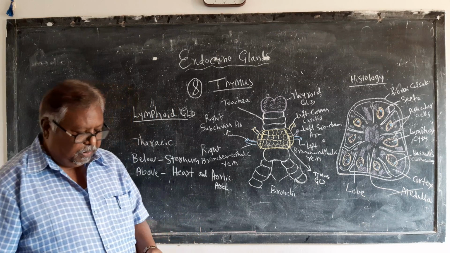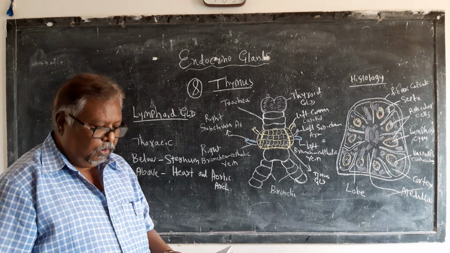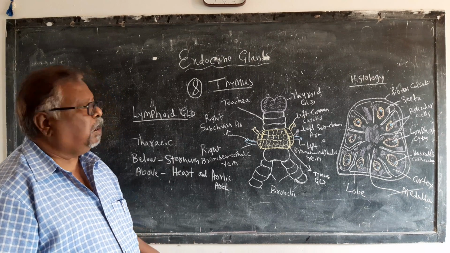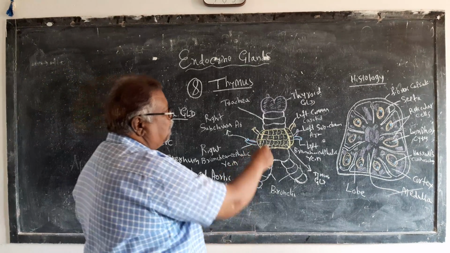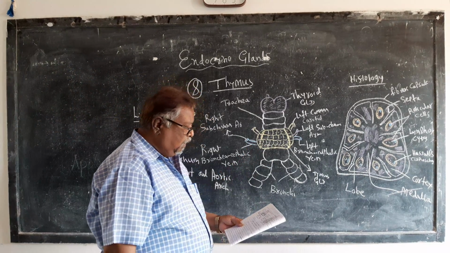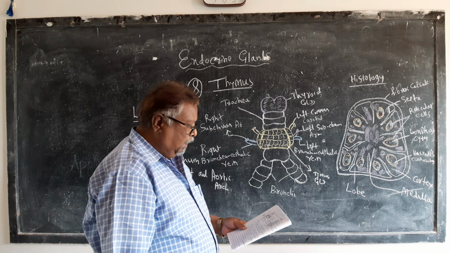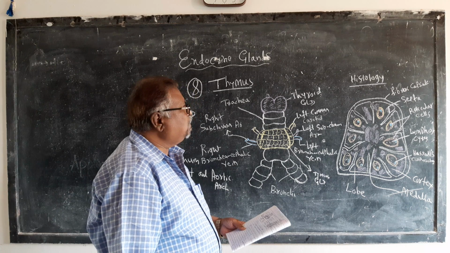Second point, the thymus is covered by a fibrous capsule from which a number of septa arise. So coming to the histology, when we take the transverse section of the thymus gland, you can see the capsule which is covered on the thymus gland.